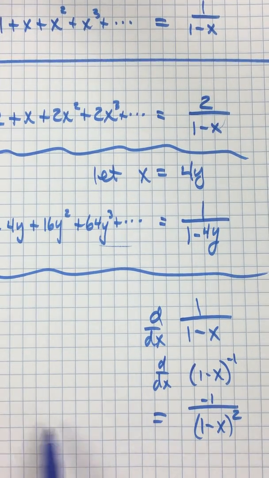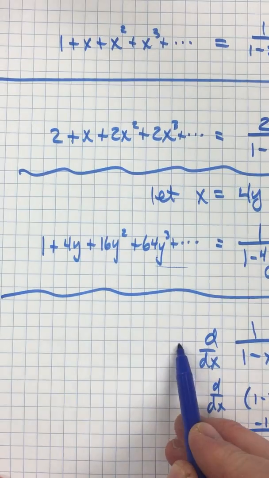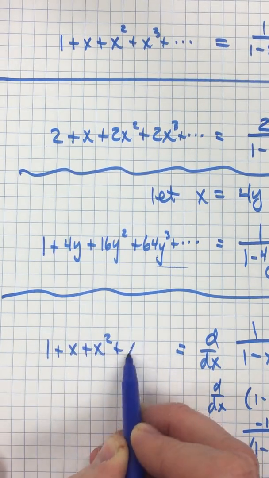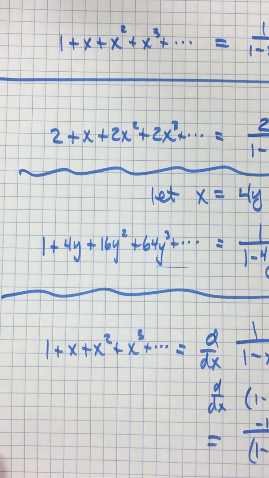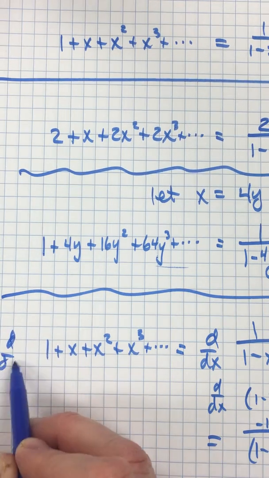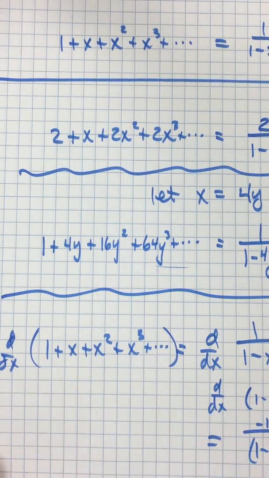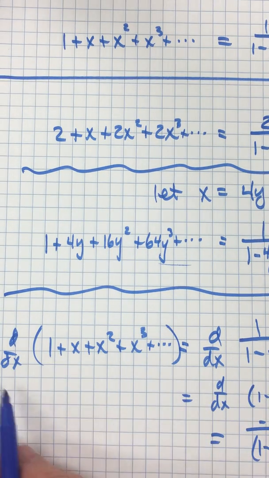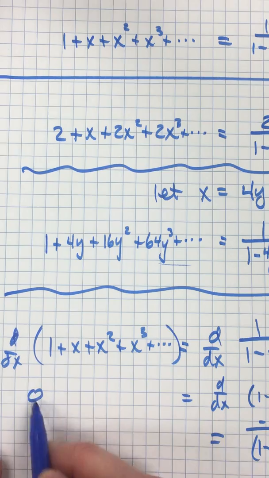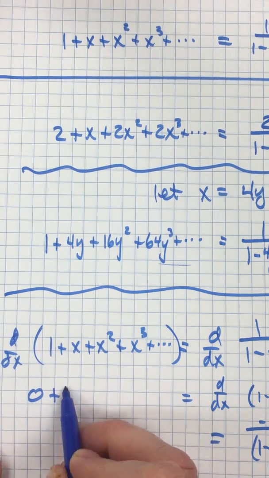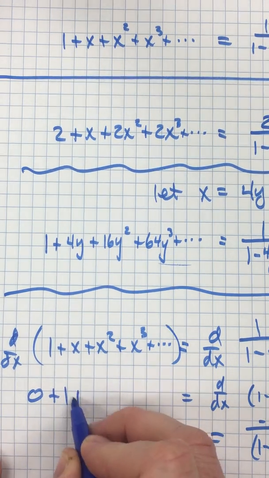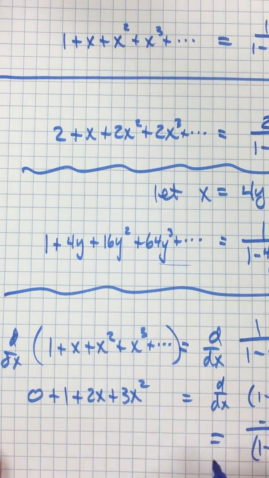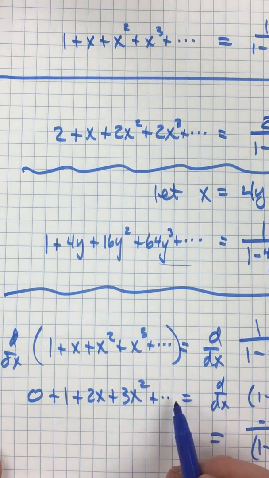Now, what's the power series that represents that? Well, if I apply the same idea, that I can do anything I want as long as I do it to both sides, then I take the derivative of this side. The nice thing with polynomials is that the derivative just distributes. So I get the derivative of 1, plus the derivative of x, plus the derivative of x squared, plus the derivative of x cubed, and so on and so forth.